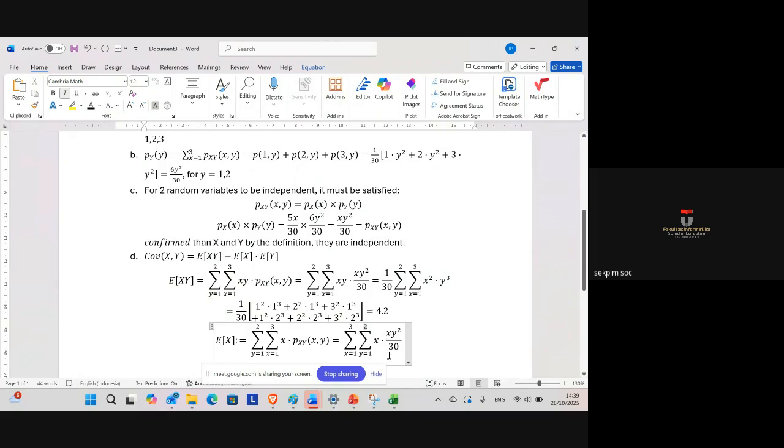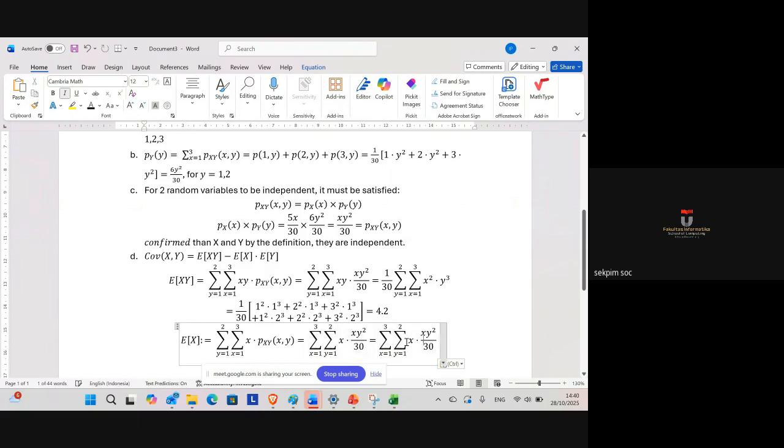Okay, that's fine. So this equals to, since this is the sum over y, we can take x out of the first sum here. So you get this equals to, this one is x squared, right?